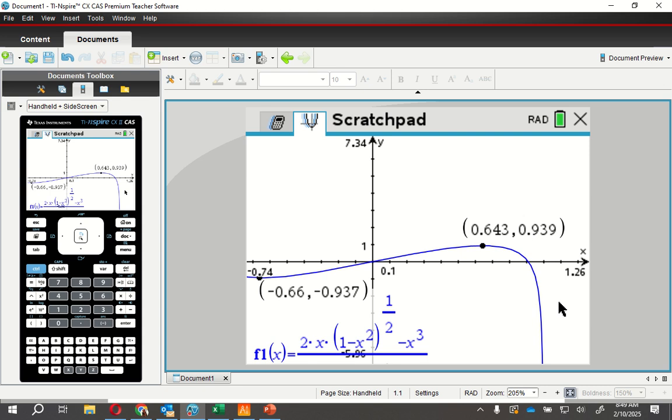So that means that those are my two places where it's actually going to be my inflection points, where it changes concavity.